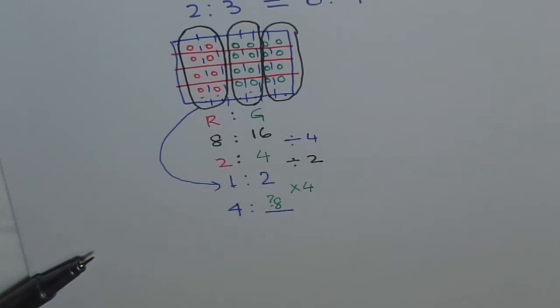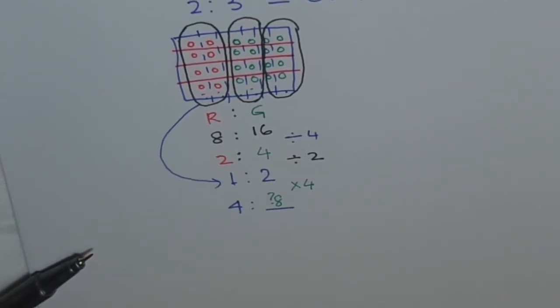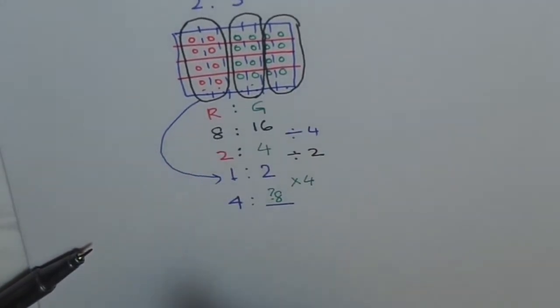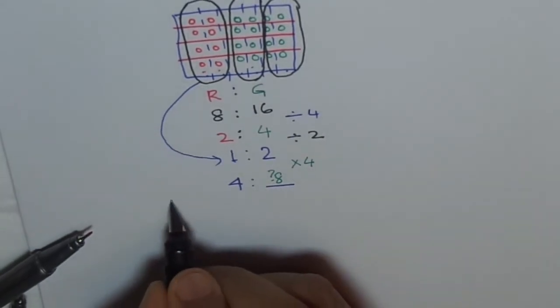I hope you understand the concept of equivalent ratios, right? So we will say here that two or more ratios represent the same comparison. So what are these? These are different ratios, right? So let me write the definition.